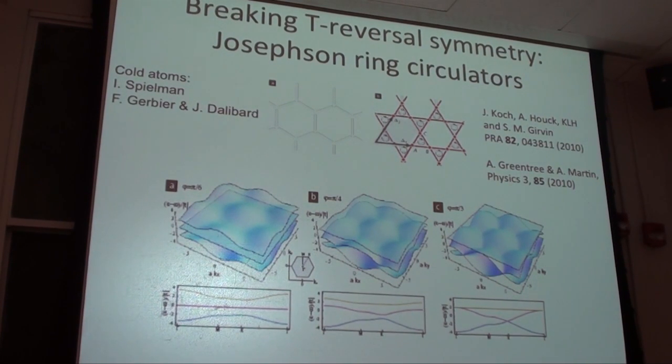But now we can ask, what is the effect of this flat band? And first, what is this strange flat band? It is very hard to obtain a flat band in a tight-binding model, right? What does it mean, flat band?